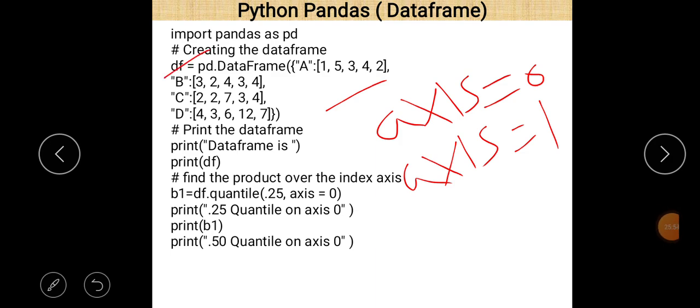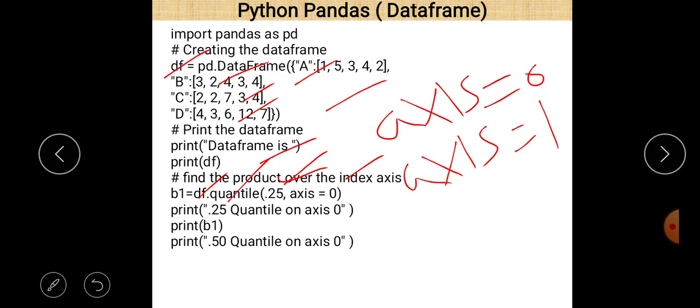Declaration of a dictionary here, declaration of a data frame using the dictionary. A, B, C, D are the names of the columns here, and different values are given for that purpose. And there is a print statement for the data frame. Now if you want to calculate the lower quartile or 0.25 quantile here, then just write df.quantile, the quantile keyword, and 0.25, and if you want to calculate it along axis 0, then define axis equal to 0.